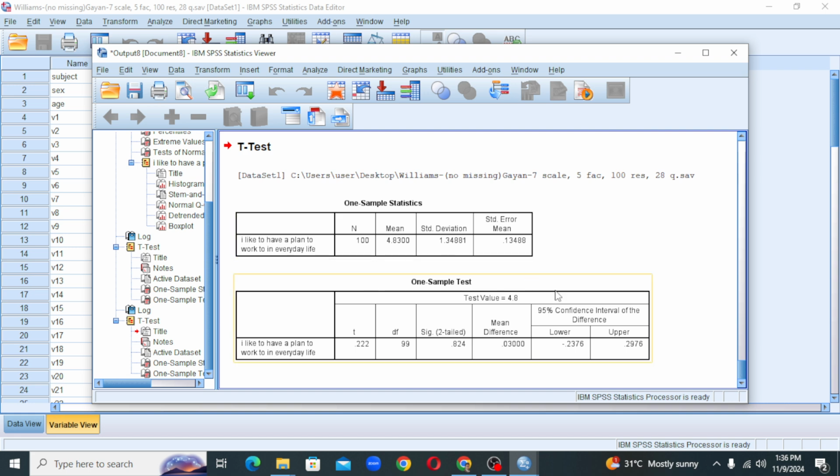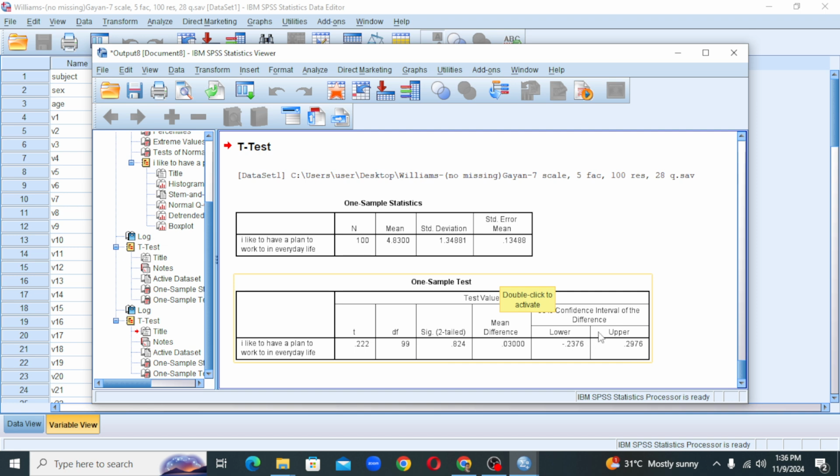Once we select that, this is not significant. That means the average is equal to 4.8. As we have selected a figure close to 4.83, this is non-significant. That means the average is as per our 4.8 figure.